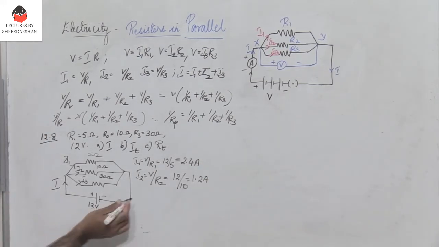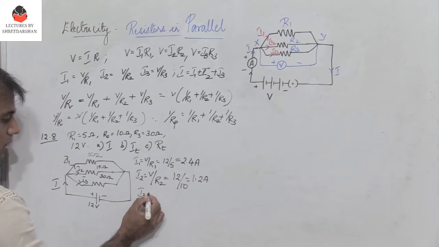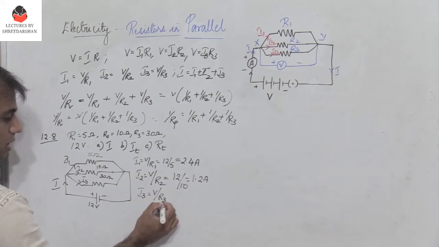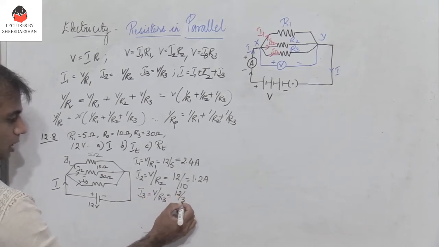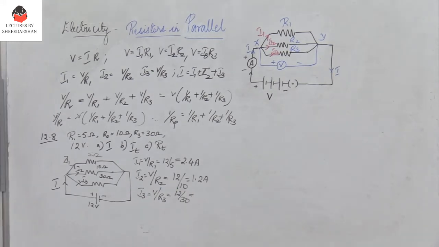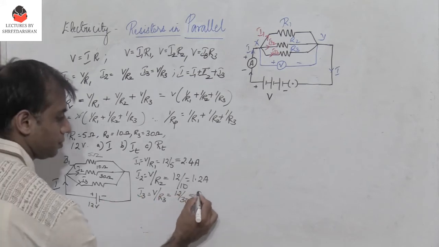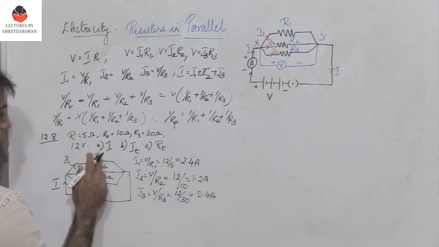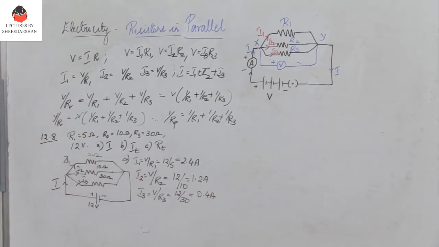Right? So it's very simple. Next, I3 equals V by R3, which is 12 by 30. So you get it as 0.4 amperes. So this is the first part where I need to find all the individual currents, that is the currents flowing through each of these resistors.